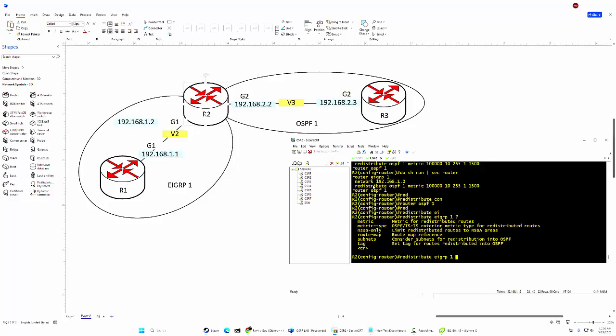With OSPF, if I just hit enter, which I can do, it's only going to redistribute classful networks.